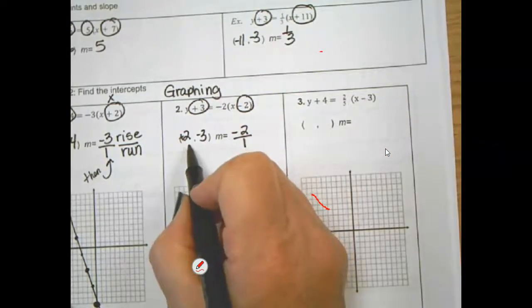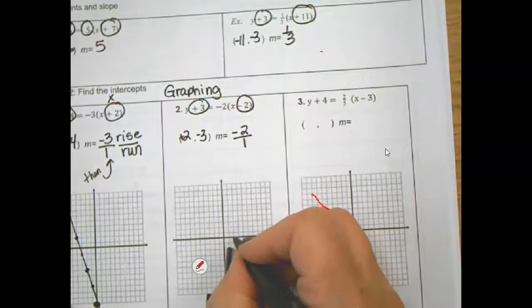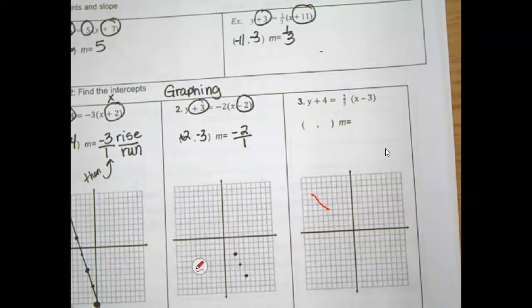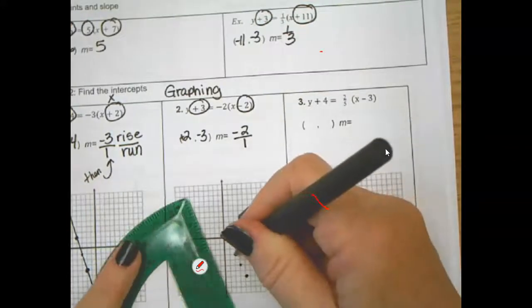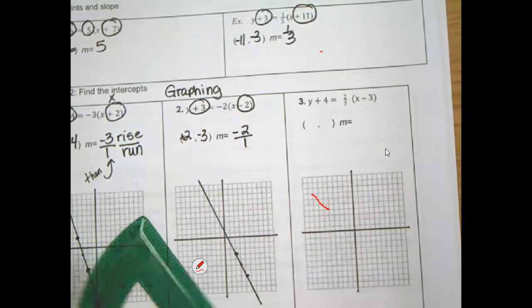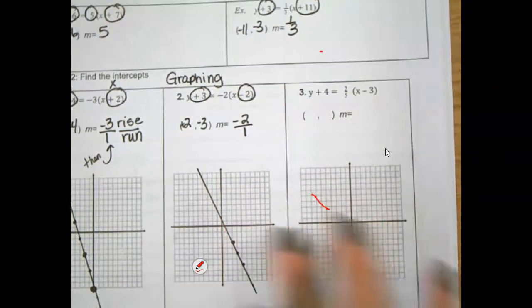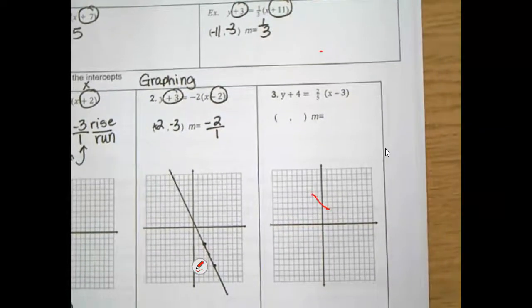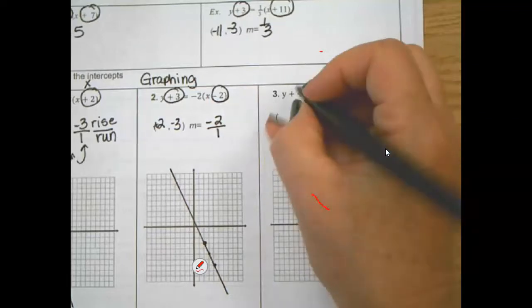I'm first going to plot my point over 2, 1, 2, 3, and then it says to go down 2 over 1, down 2 over 1. I can connect my points. When you're connecting your points, make sure your graph goes all the way across.